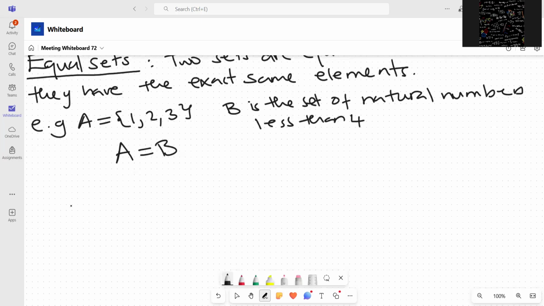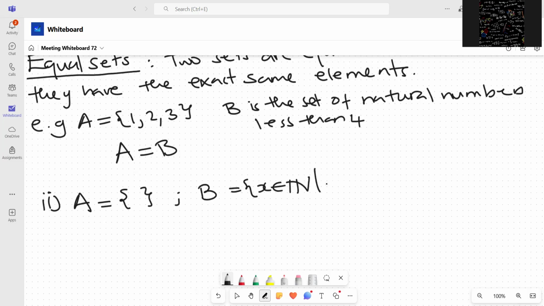Okay, so another one, this is example number 2. Let's say A is equal to the empty set, and B is this set. X is a natural number such that x squared plus 1 is equal to 0.